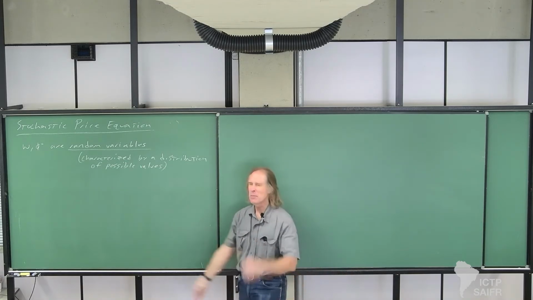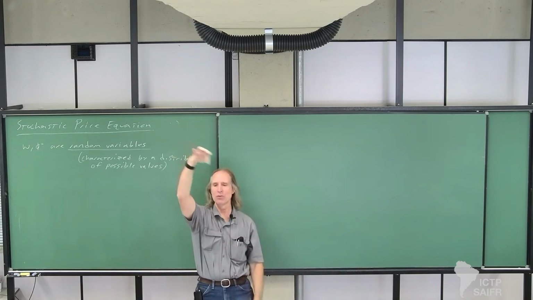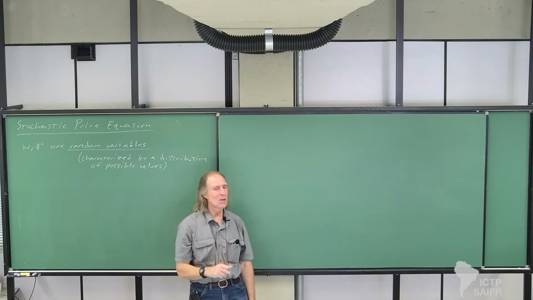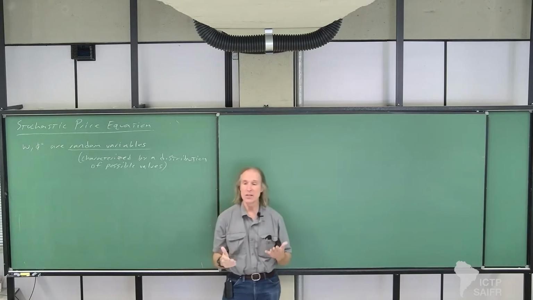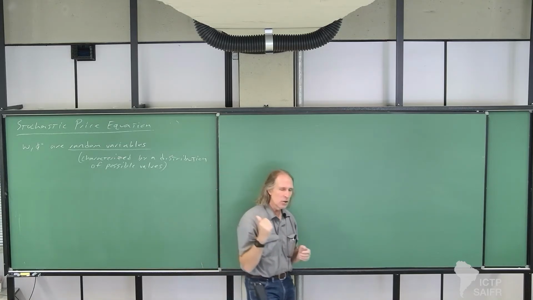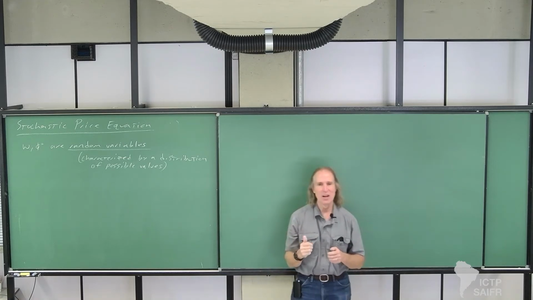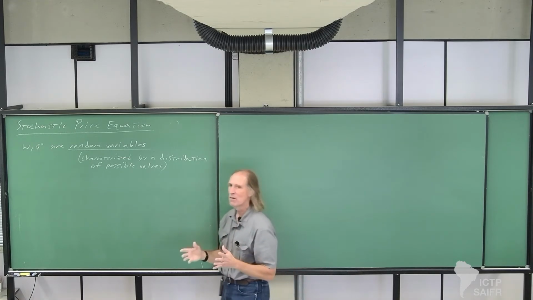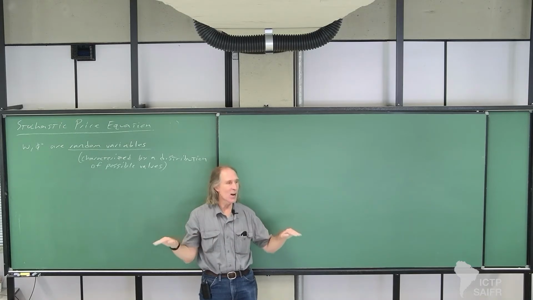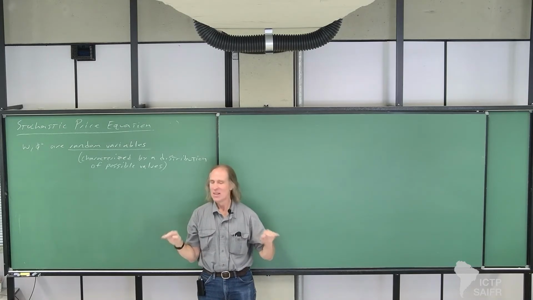They mean if we pick a random person from this room, what's their height? That's a random variable, but the randomness comes in, the uncertainty comes in because they're taking a random sample. When we're doing stuff with the price equation, the means and variances and covariances and things that we dealt with in a population are over the entire population, not taking a sample.